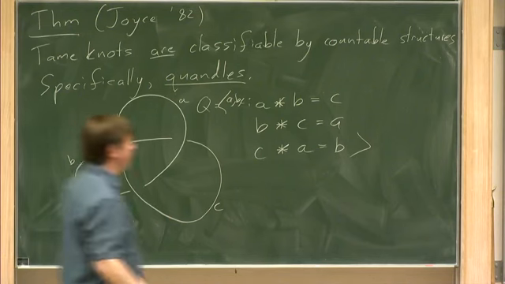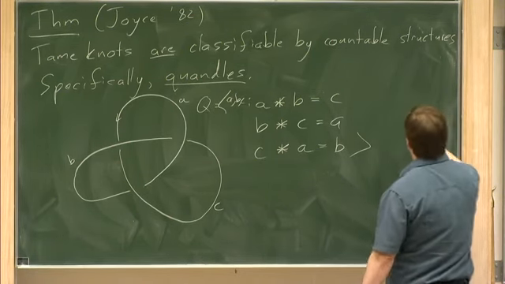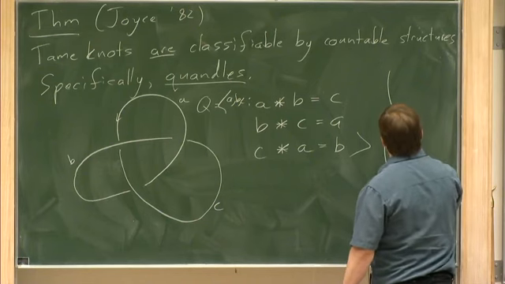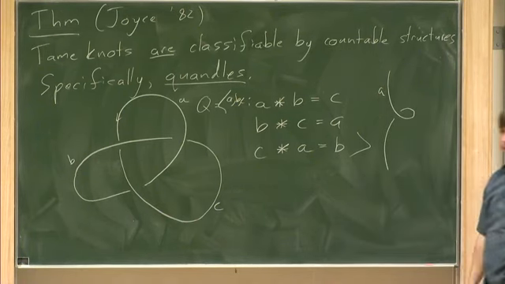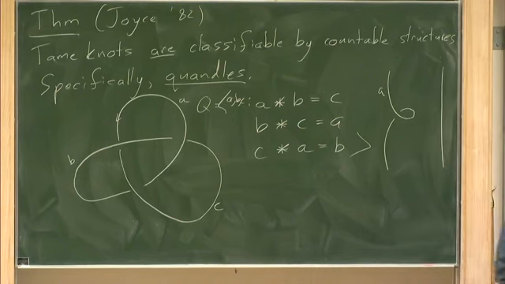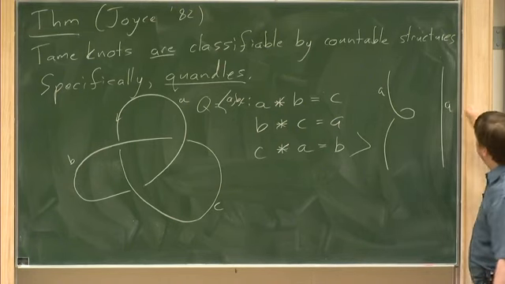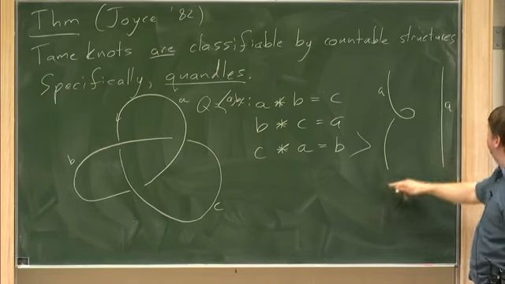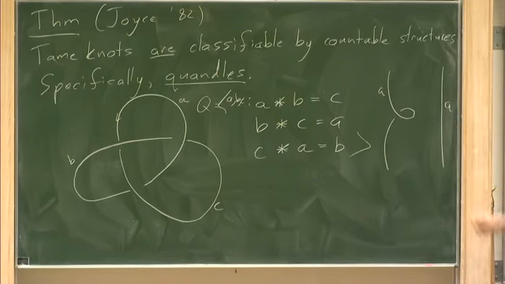And then you have the Reidemeister moves, for example, this one. You should have A going under A itself is the same thing as A. And so that's exactly your idempotence.